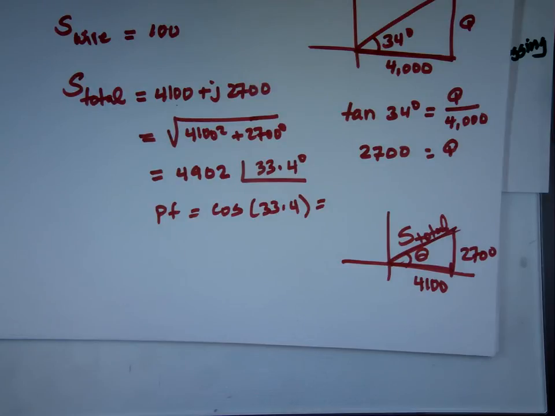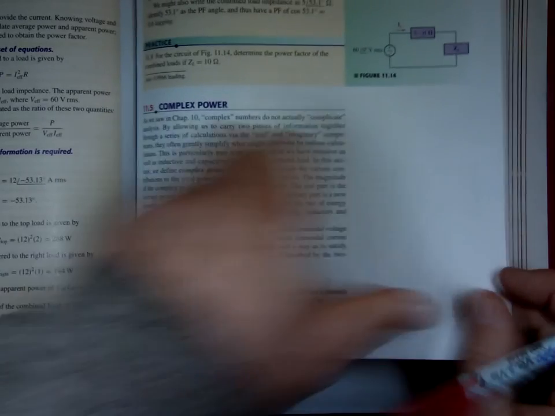And if we go back to the previous chapter, the last thing we did, complex power, was it chapter 11? I'll put that equation quickly here. What is complex power? It's the V RMS times the current conjugate.